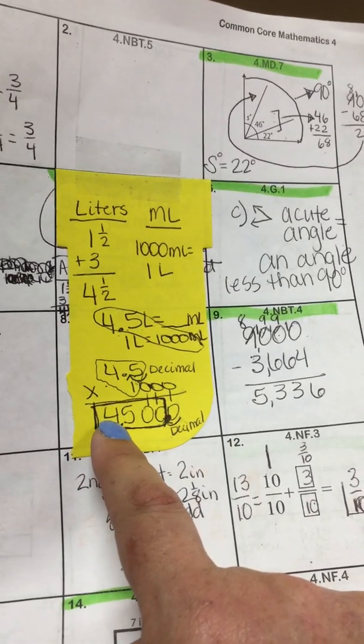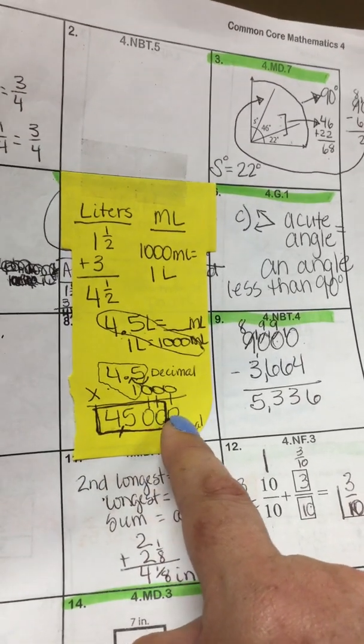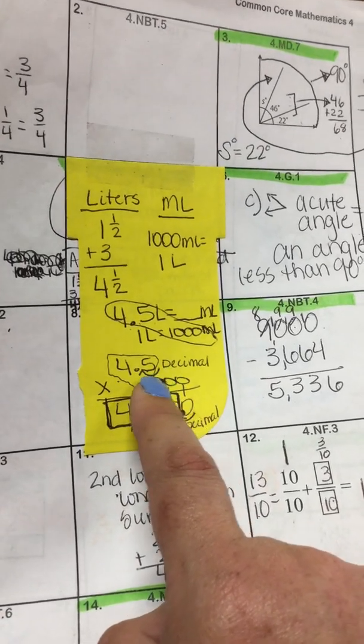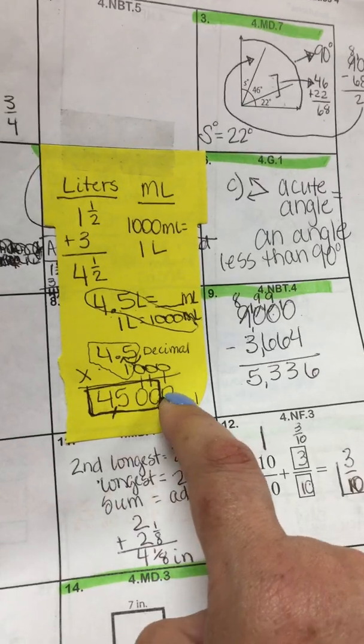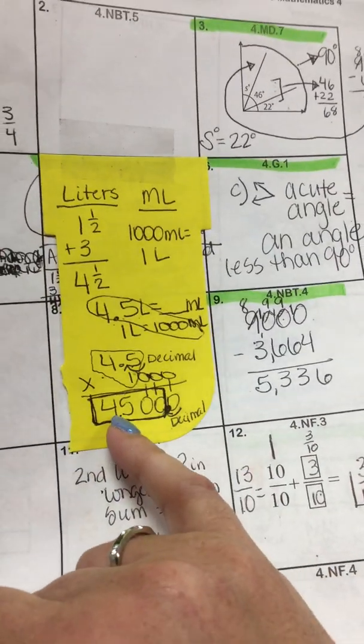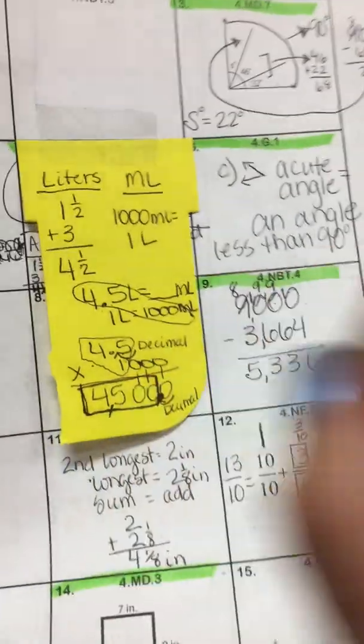And that would give you 45000, and then count how many decimal digits you had. So that would move one place, which moves that decimal one place over. So that gives you an answer of 4,500.